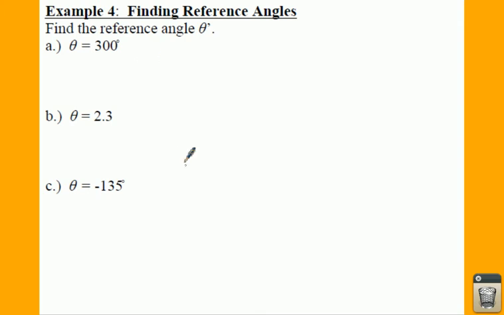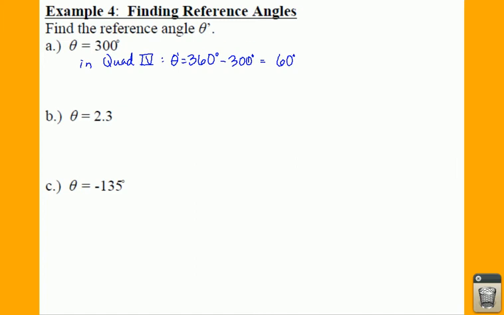So let's look at example 4 here, where you have to actually find reference angles. And in this case, we're going to look at 300 degrees. So for 300 degrees, you are in quadrant 4. So since we are in quadrant 4, you're going to take, since it's in degrees, your theta prime, is what we call that, is 360 minus 300 degrees, which gives you 60 degrees.